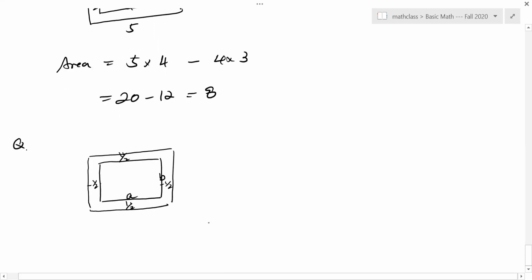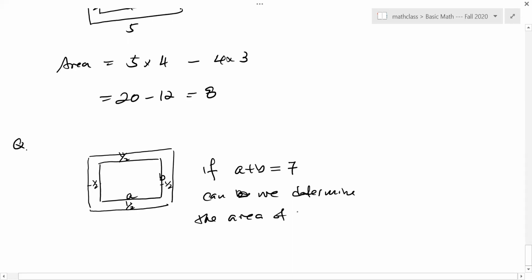Okay, so if I know A plus B is going to be 7, like 4 plus 3, but not exactly, right? Can we determine the area of the sidewalk? And explain to me why, if the answer is yes.